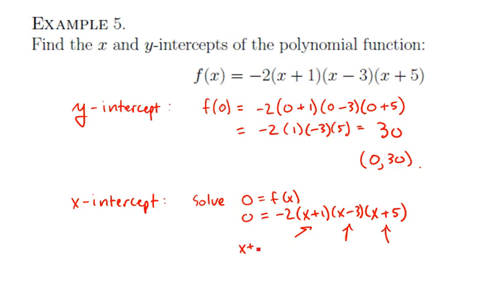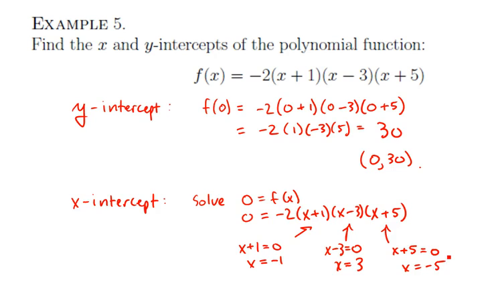So x plus 1 is equal to 0 if x equals negative 1. x minus 3 is equal to 0 if x is equal to positive 3. And x plus 5 is equal to 0 if x equals negative 5.